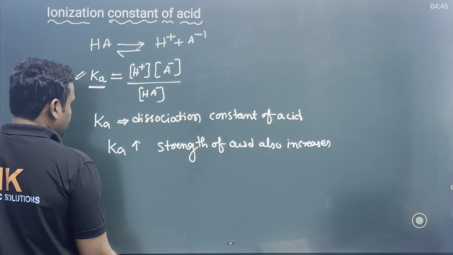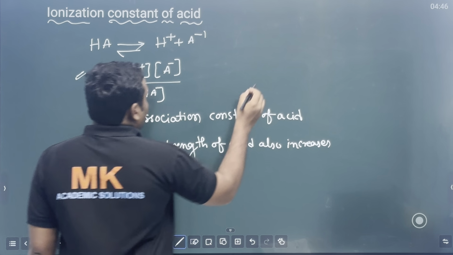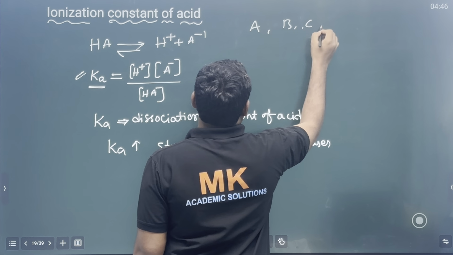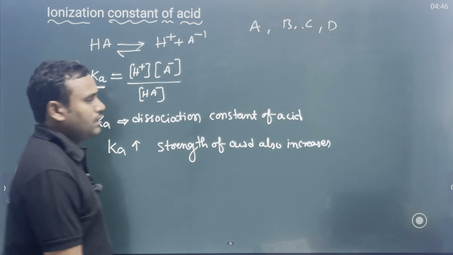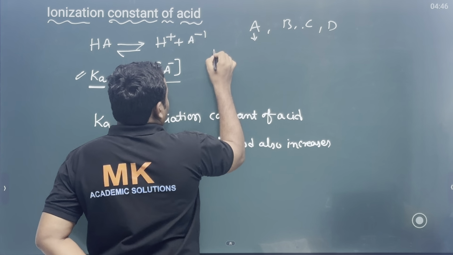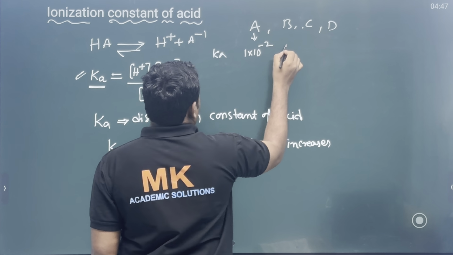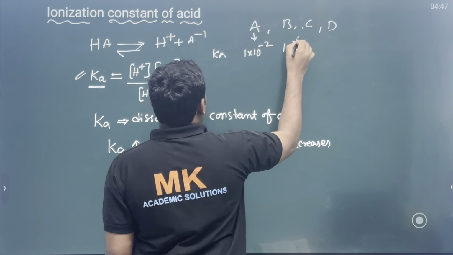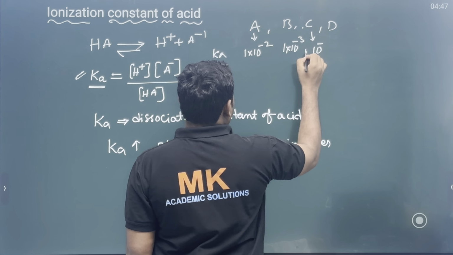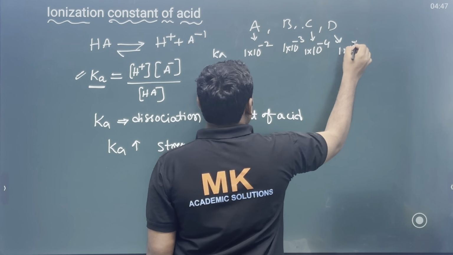Okay. Next, so let us consider here. I am going to take A, B, C, and D. Out of these A, B, C, D, all are acids only. They have Ka values of 1 into 10 to the power of minus 2, 1 into 10 to the power of minus 3, 1 into 10 to the power of minus 4, and 1 into 10 to the power of minus 5.